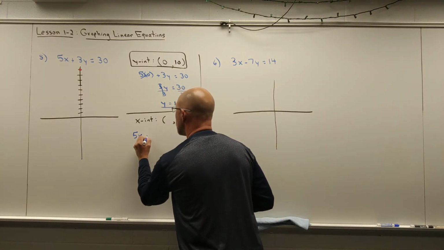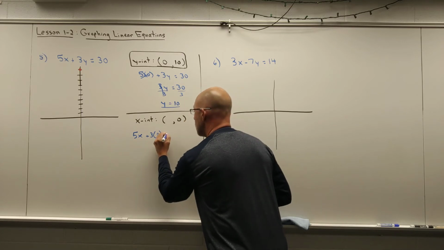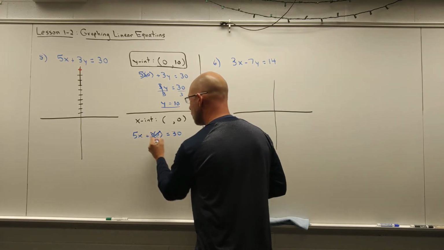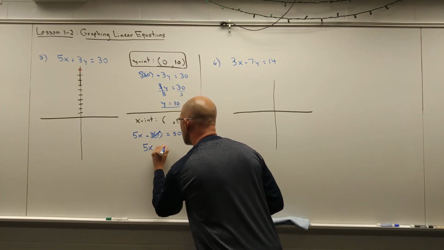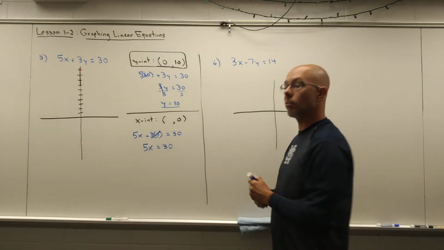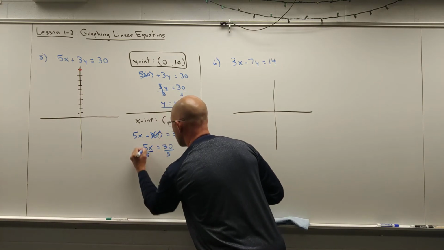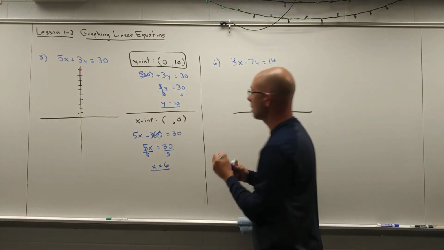5x plus 3 times 0 equals 30. This time, 3 times 0 is 0. I am left with 5x equals 30. An equation that I can solve for x. Divide both sides by 5. And I get x equals 30 divided by 5, or 6.